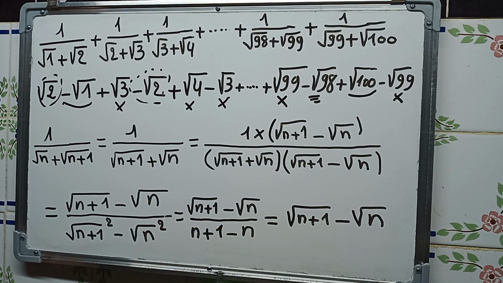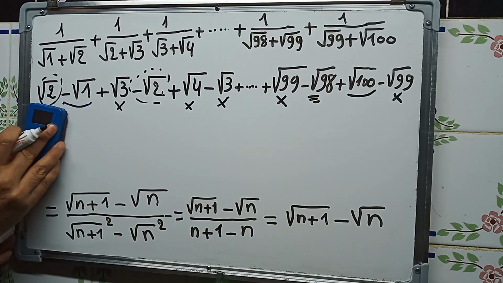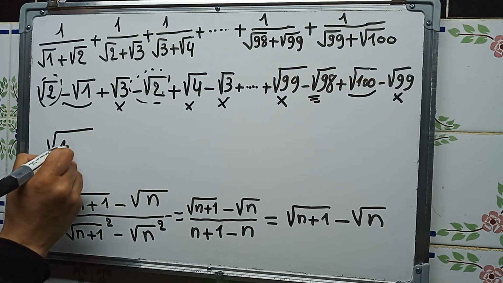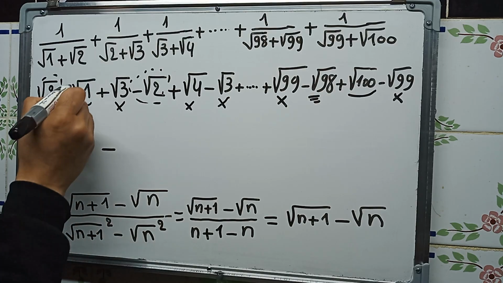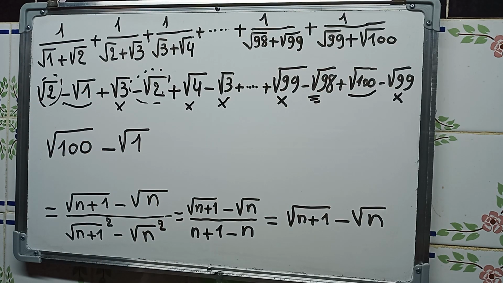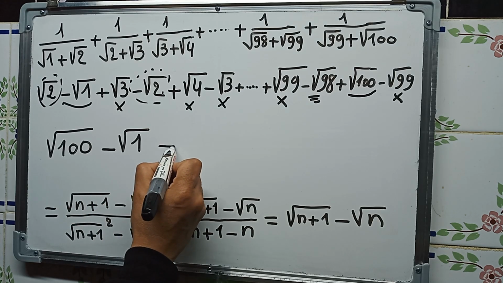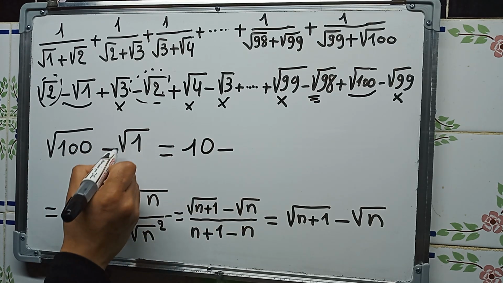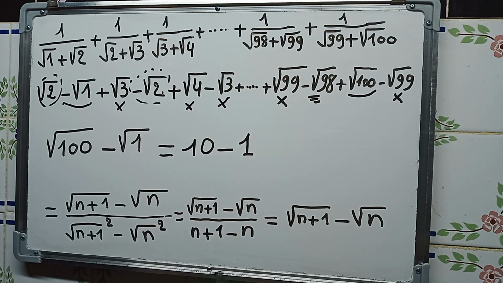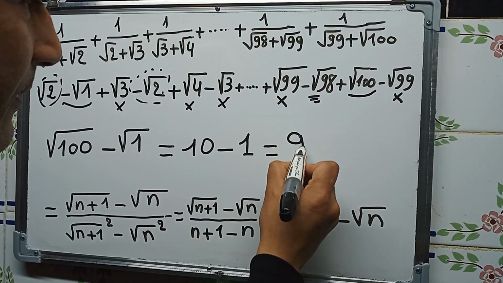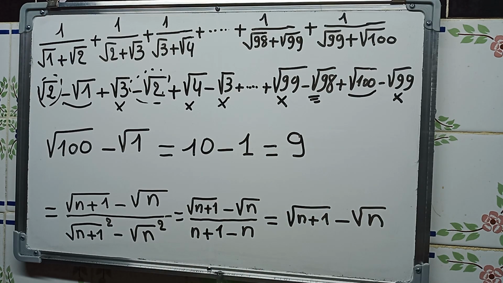So the remaining will just be square root of 100 minus square root of 1. Square root of 100 minus square root of 1 is of course 10 minus 1, and of course it's equal to 9. And of course this concludes our problem.